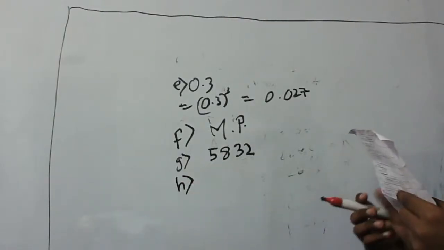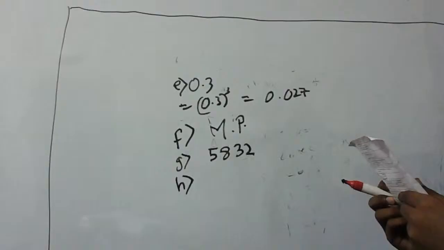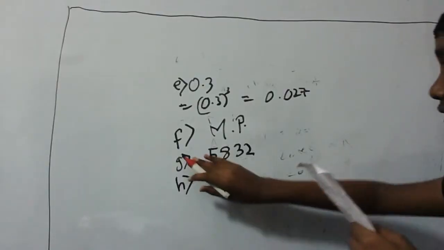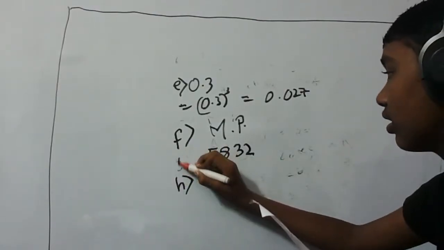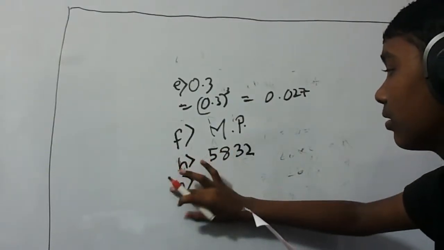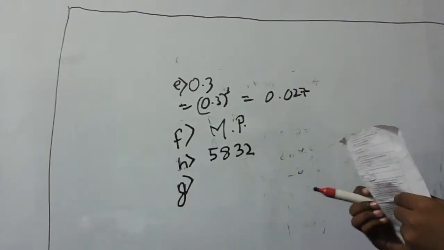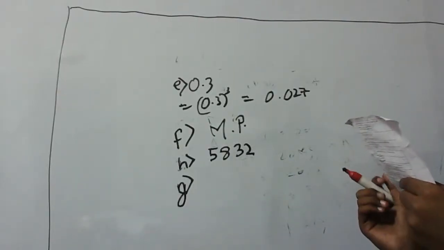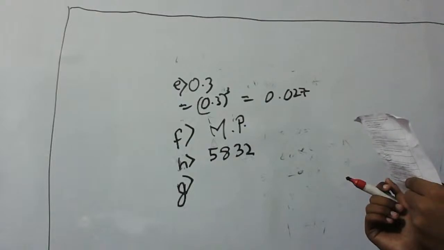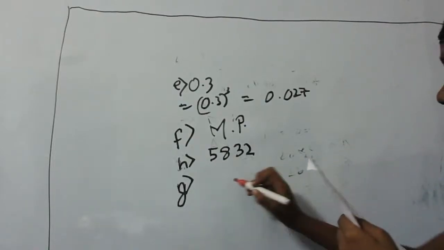Now H. Square root of 0.027 minus square root of 0.008.